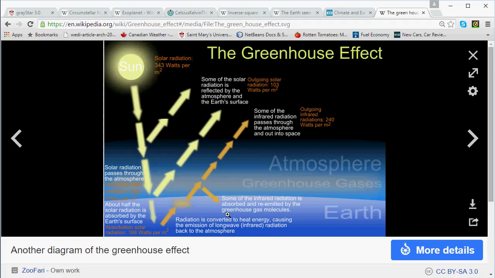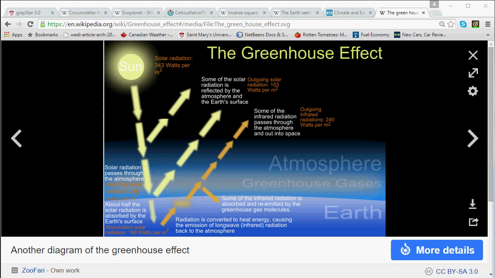Here on Earth, the size of this temperature boost that we get from our atmospheric greenhouse effect is plus 33 degrees Celsius. So that's what boosts us up from minus 17 degrees up to plus 16 degrees for an average surface temperature.